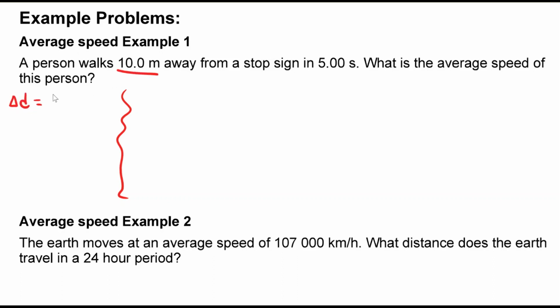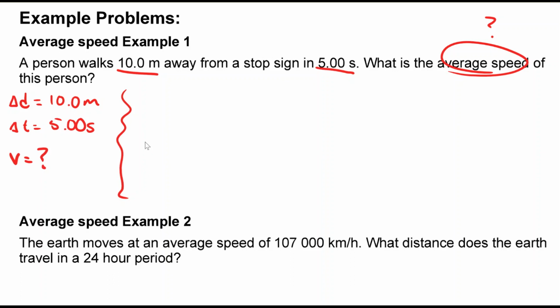So that sounds like a change in distance. 10 meters away from a stop sign in 5 seconds. Seconds, so this is dealing with time. 5.00 seconds. And then what is the average speed? It's asking a question, so it wants us to find average speed.